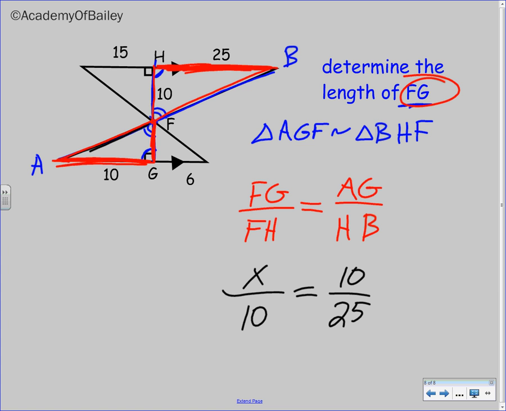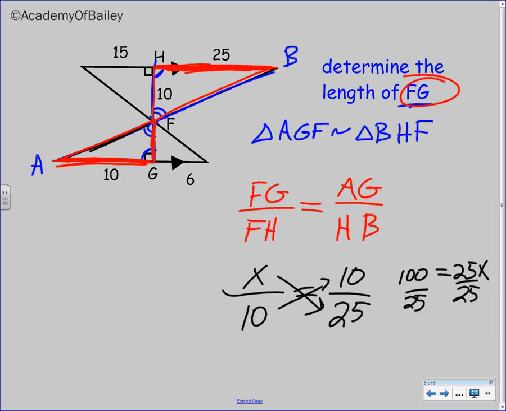There we go. Now, we could reduce 10 over 25 to be 2/5, but I'm going to tell you this right now. 10 times 10 is 100 to cross multiply, and x times 25 is 25x. And you should know what 100 divided by 25 is fairly quickly. Sometimes I'll reduce, sometimes I won't.